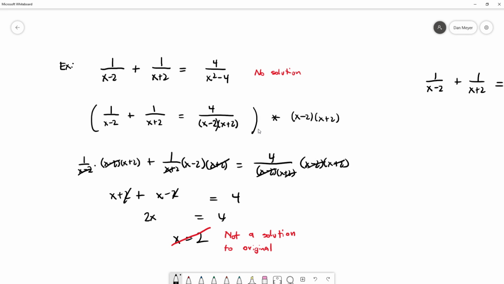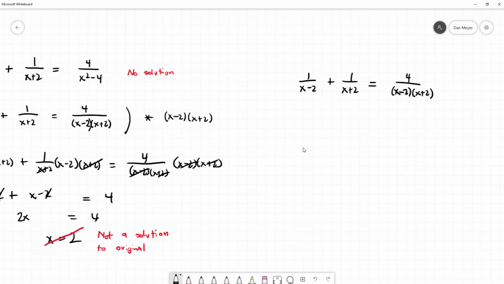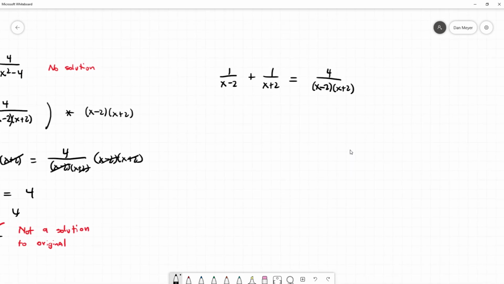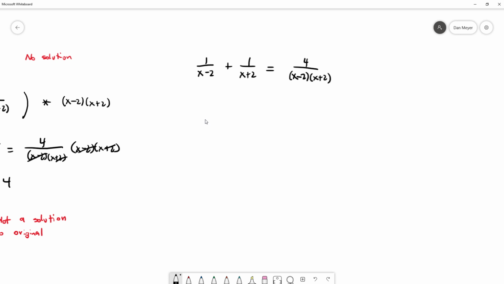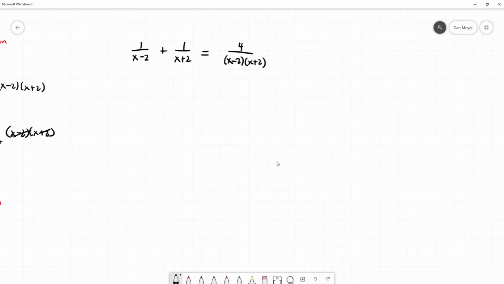So that's where things broke here. If we can avoid multiplying, that's great. When we go to solve some inequalities later on, we really need to avoid multiplying by variable expressions. So what we can do is some rational arithmetic here.